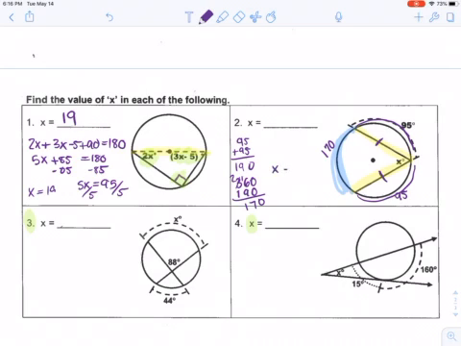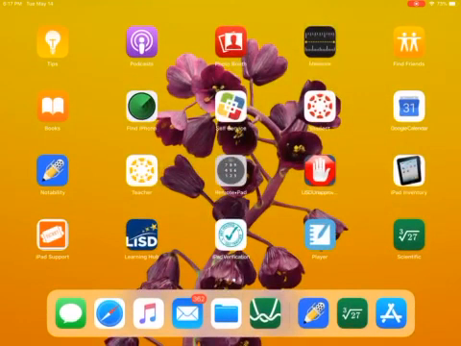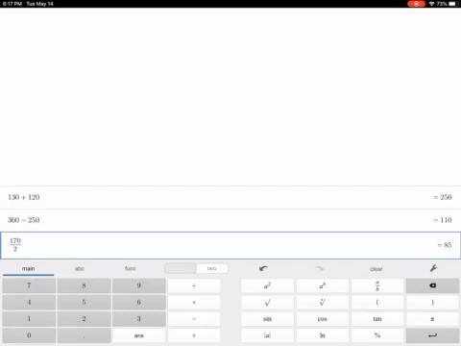The angle is half the intercepted arc, so half of 170. What is half of 170? Yep, I believe 85. X is 85 degrees. And I'm just going to check that with my calculator real quick. Great.